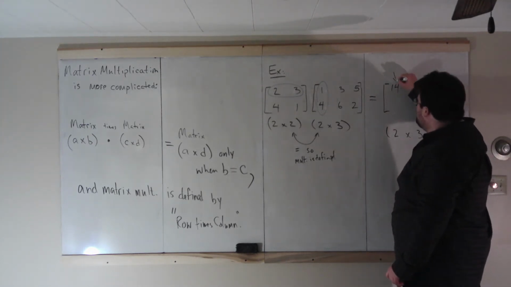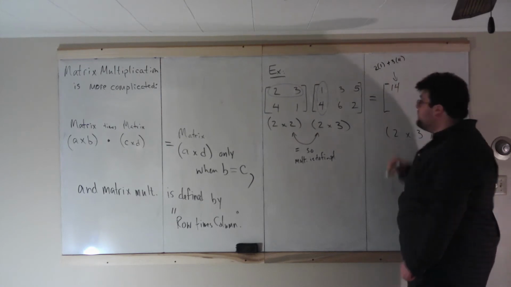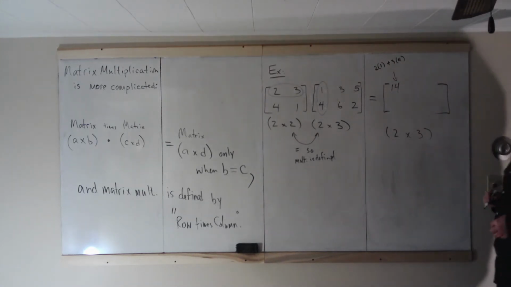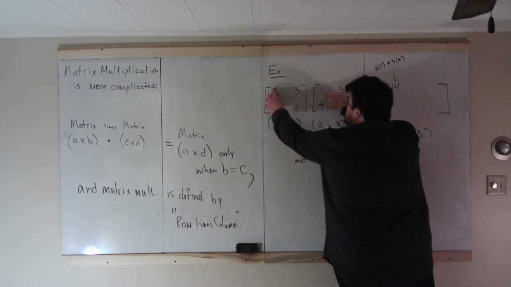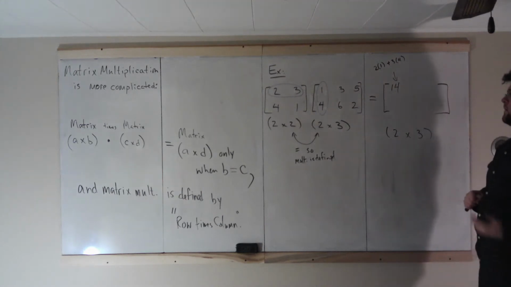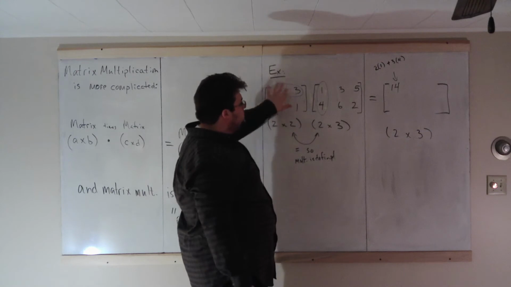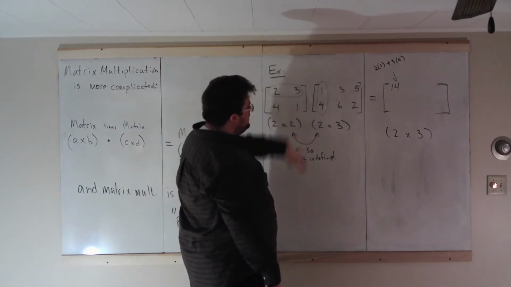And where did that come from? 2 times 1 plus 3 times 4, from what is circled. These 2 multiplied plus these 2 multiplied. And then you keep going across these columns. You still stay with this row.